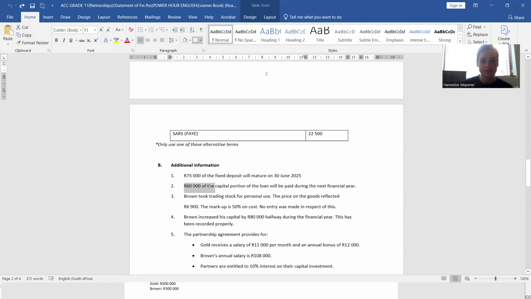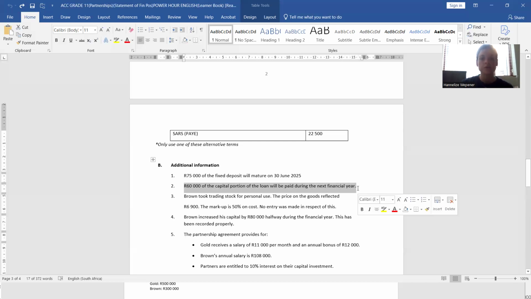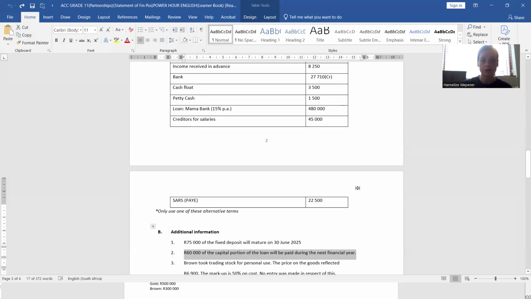Then 60,000 Rand of the capital portion of the loan will be repaid during the next financial year. Once again, same as with the fixed deposit, anything that is repayable with regards to the loan, if it's repayable within 12 months after my current financial year end, I have to remove that capital portion from the loan.